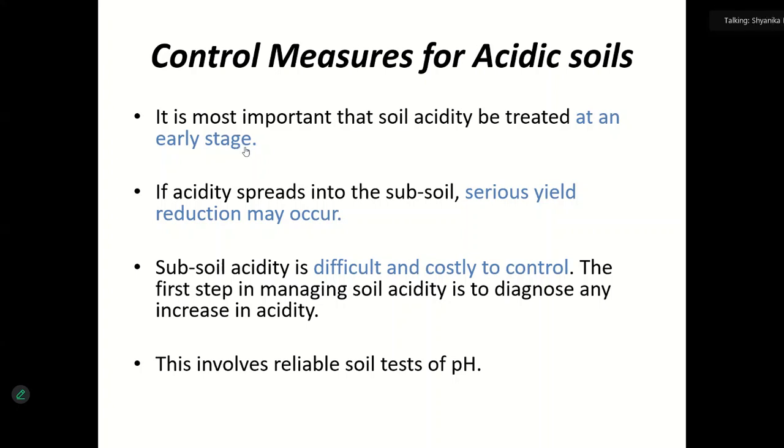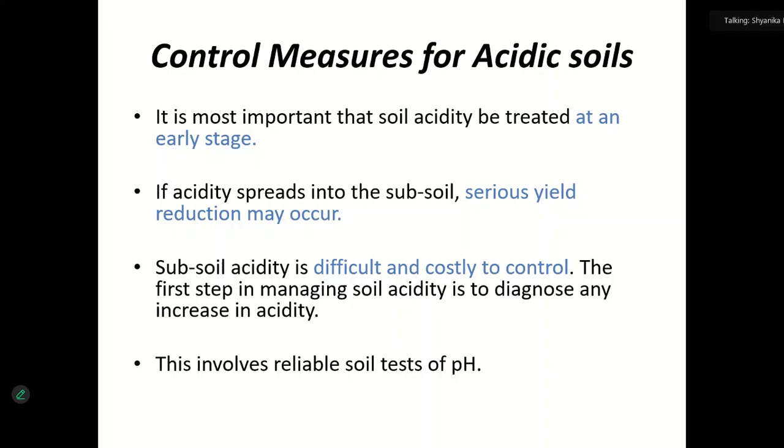When we control soil acidity, we need to do it as early as possible, because when acidity spreads into the subsoil, it will be a serious problem. We can't apply some of the correction measures to control the acidity in the subsoil.